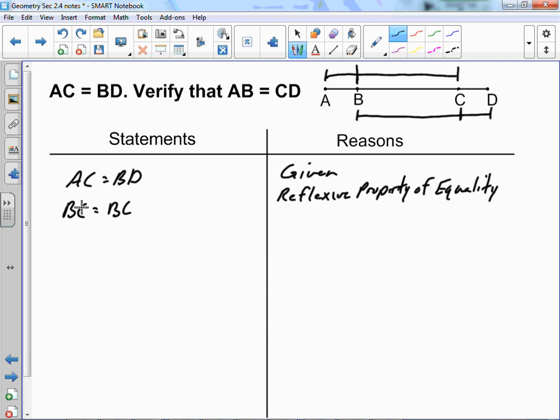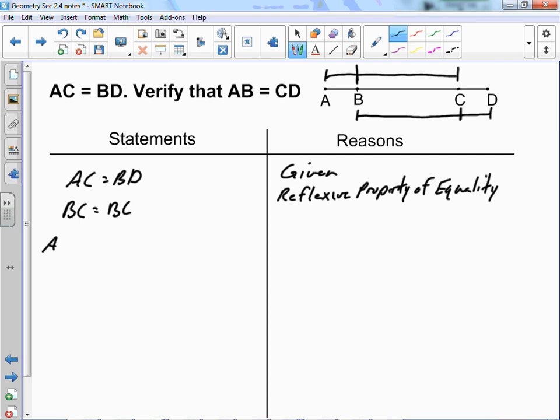So BC is the same. AC and BD are two different things, but we know that if I take AC and I take BD and I subtract the length of BC from both of those, then they're still going to be equal based on the subtraction property of equality.